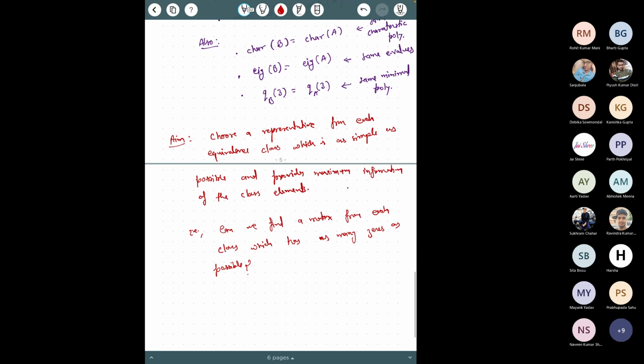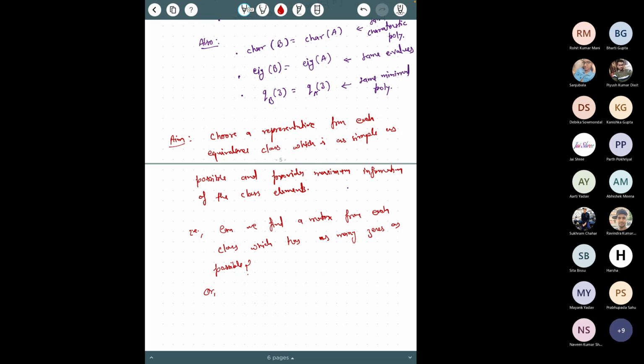Equivalently, can we choose a basis of V such that the matrix of T with respect to that basis is as simple as possible? Because I know that if I take any two bases and their matrix representation, they are similar. So my aim is to find a basis such that the matrix of T is as simple as possible, right?